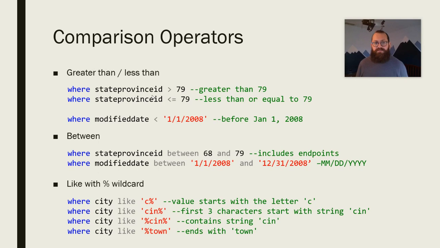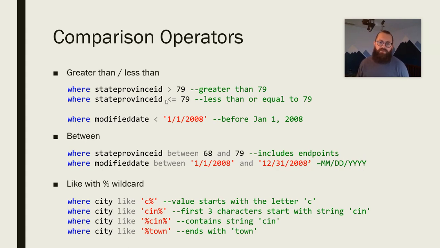So in the first clause, SQL is going to filter in records where the value for the state province ID field is greater than 79. In the second clause, it's going to filter in records where the value of the field state province ID is less than or equal to 79.